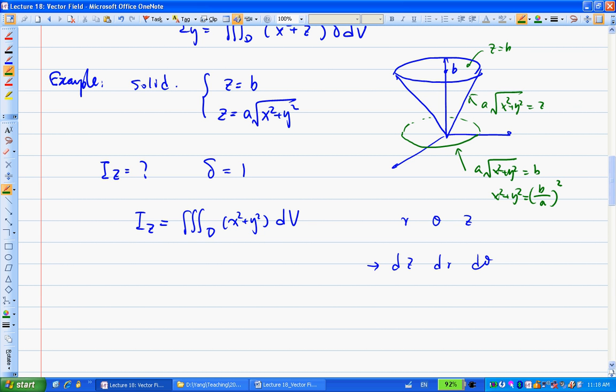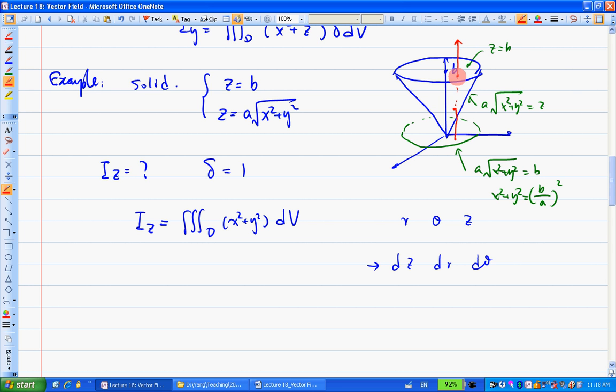Once you get this information down, the next thing is to go over the 3 steps to find the limits. First step, find the limits for z. Starting from anywhere in the shadow and going up, you'll bump into the solid. The first contact and second contact give you z min and z max. First contact is on the cone.